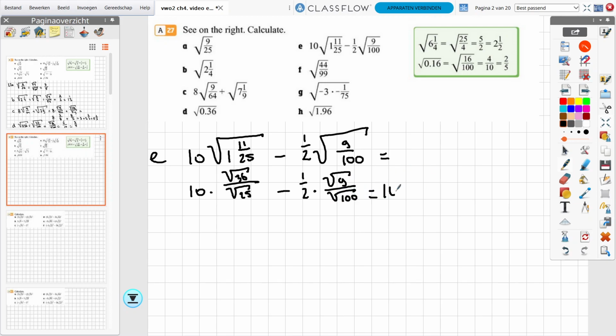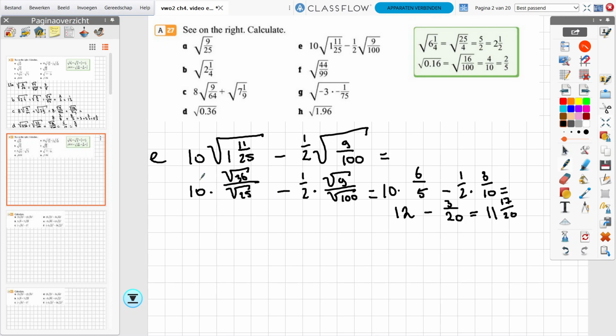So I get 10 times 6 over 5 minus a half times 3 over 10. 10 times 6 is 60 over 5. So this is 12 minus 1 times 3 is 3. 2 times 10 is 20, I guess. So the final result will be 11, 17 over 20.